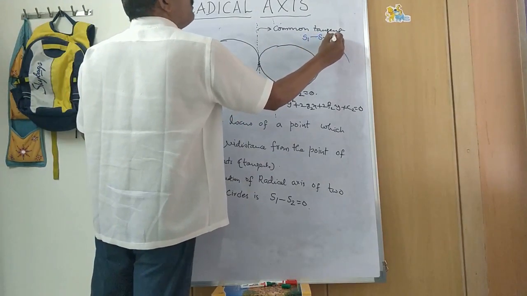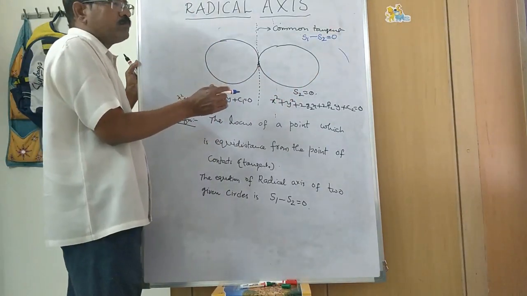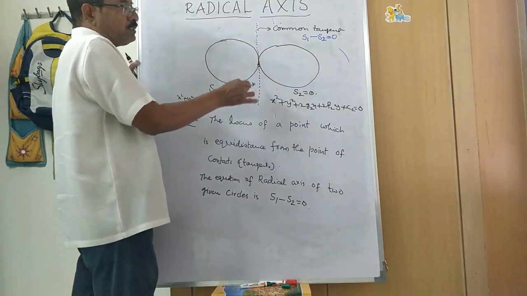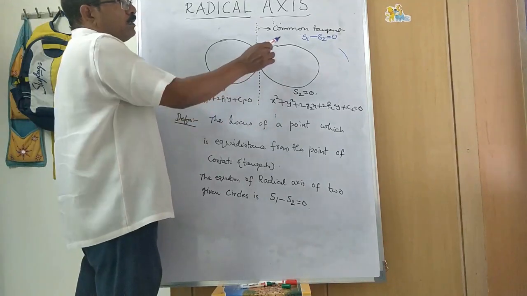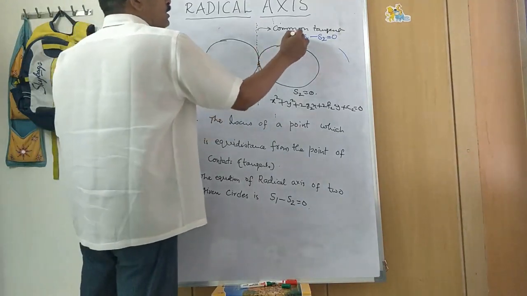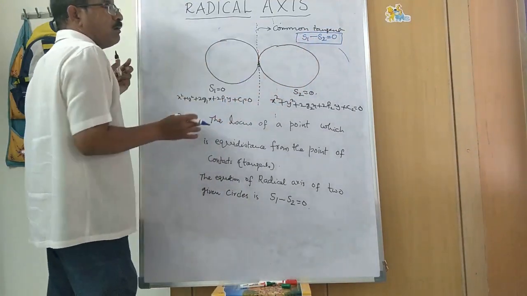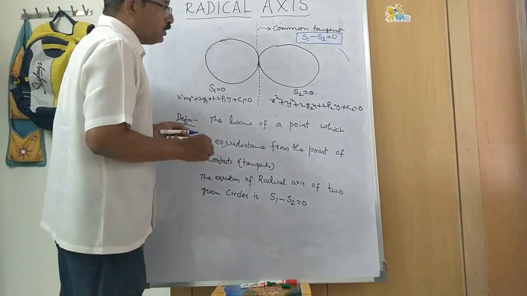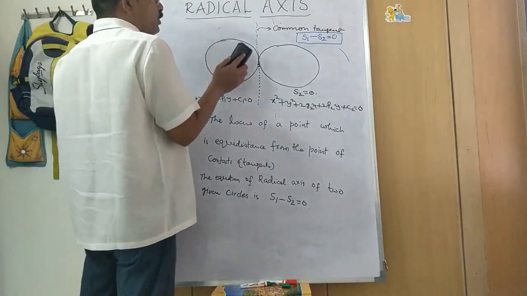So the equation of the common tangent when the two circles touch each other is called the common tangent. Therefore, the common tangent equation for two circles touching each other is S1 minus S2 is equal to 0.